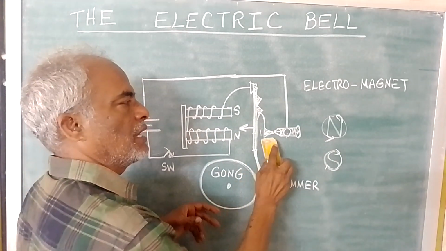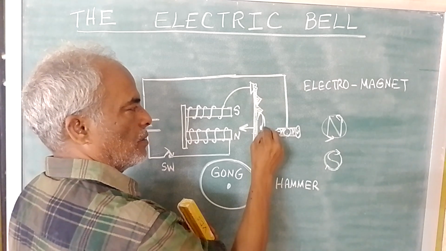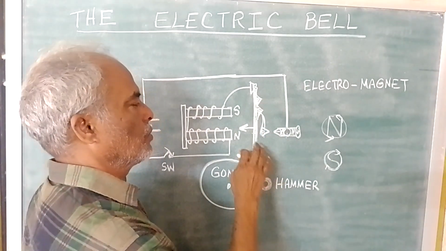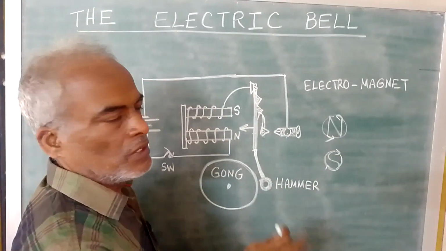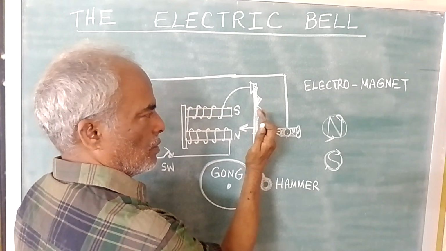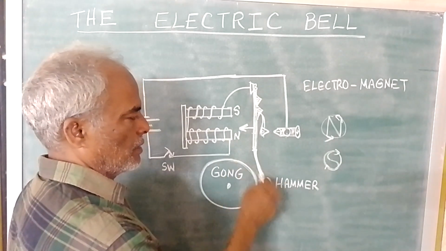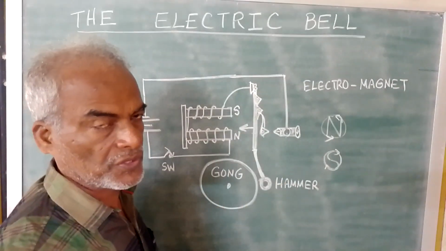So once again this lever will come this side, making the circuit open. So once again it loses its magnetic properties. So whenever this lever comes with the attractive force towards the magnet, the hammer will strike the gong. Therefore sound is produced.